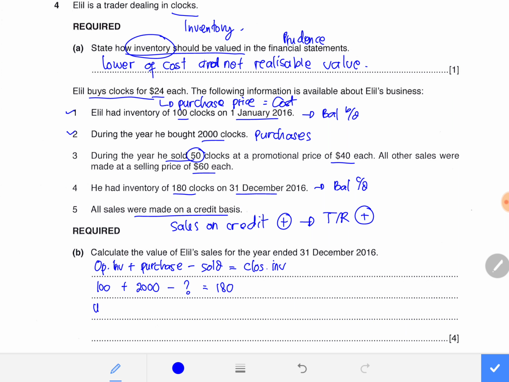Now, how many units sold? 100 plus 2,000, simple math. 180 moves to the left.